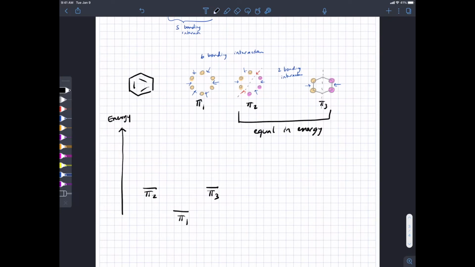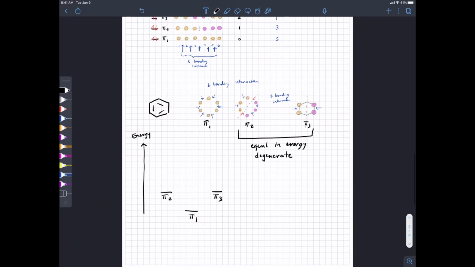Another mathematical term that we will use occasionally for describing things that are equal in energy is degenerate. That does not mean of low moral quality, it just means equal in energy, all right?